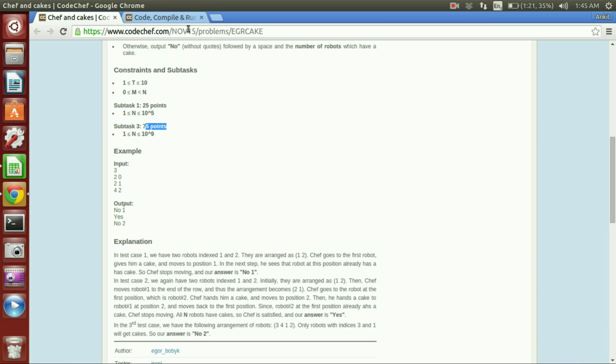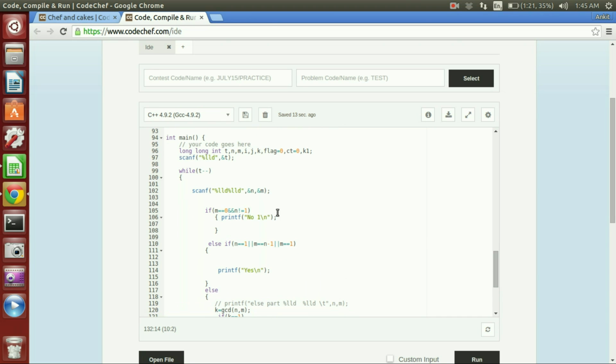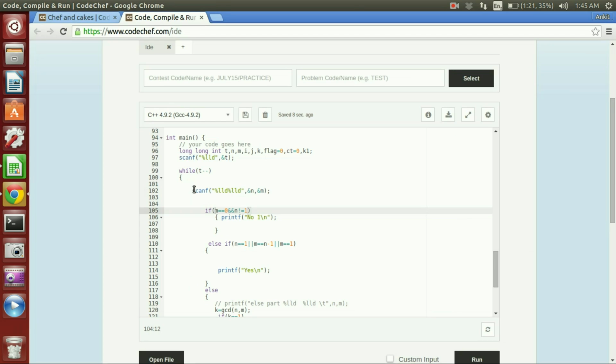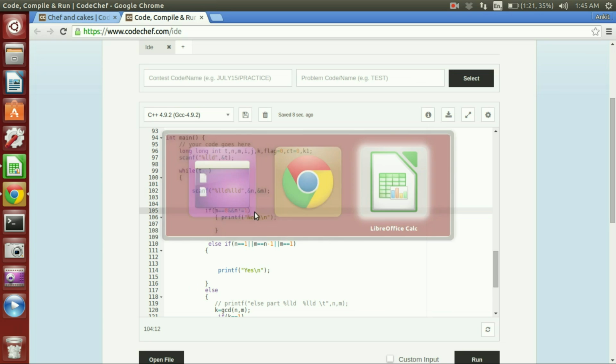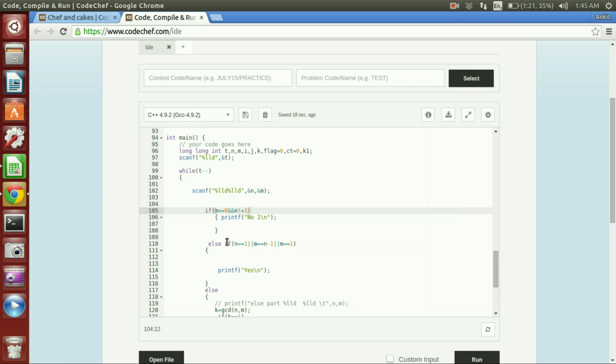Let's understand the code. We are taking input n and m. Now these are the trivial cases. When m equal to 0 but n not equal to 1, that is excluding this blue part, the answer would always be no and 1.